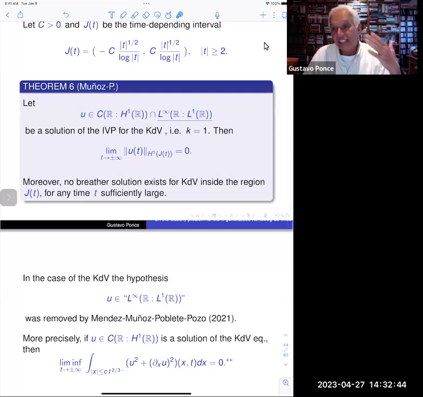This is if you accept something called the soliton resolution conjecture, that says that at the end of the day, all solutions at infinity behave like a superposition of finitely many traveling waves plus some breather plus something that looks linear and small.